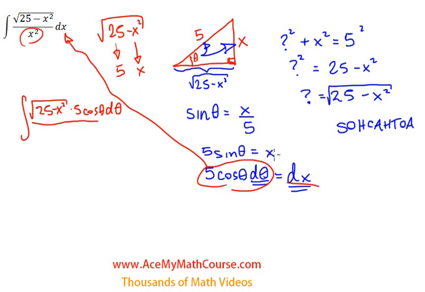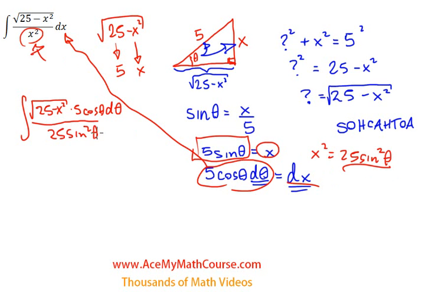And we know that x is 5 times the sine of theta. So if I square both sides, I get x squared equals 25 sine squared theta. So I can plug that in below for x squared: 25 sine squared theta. Great. Now, the only thing we're left with that has an x is the square root.